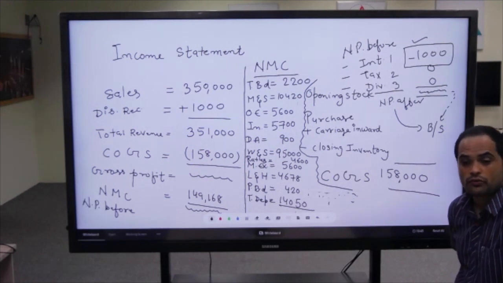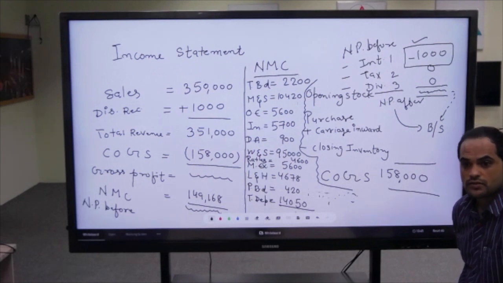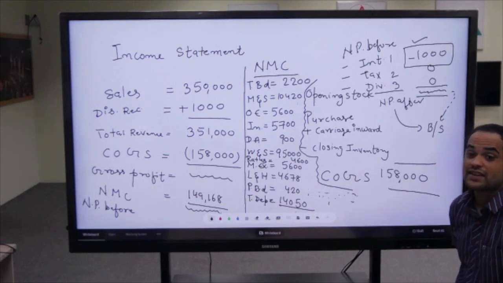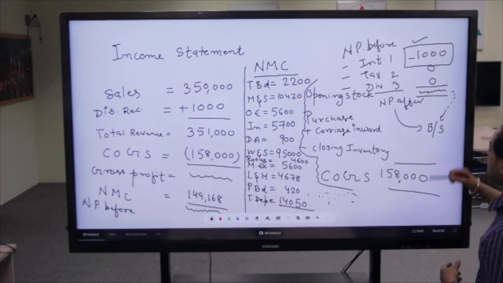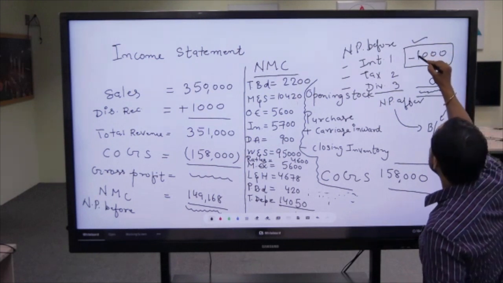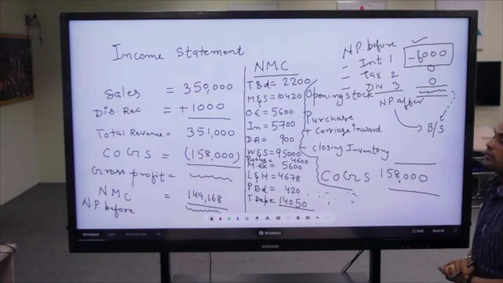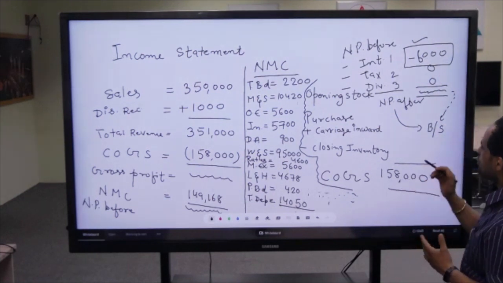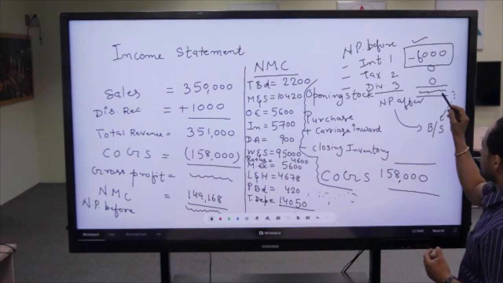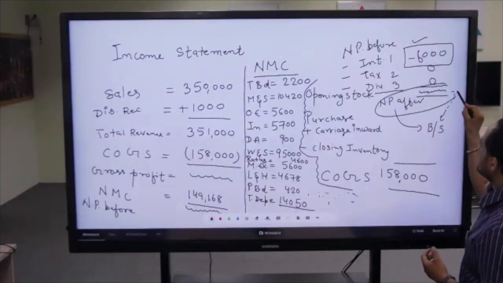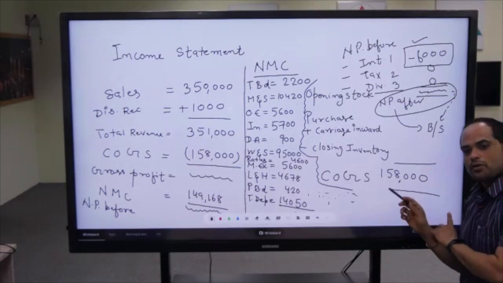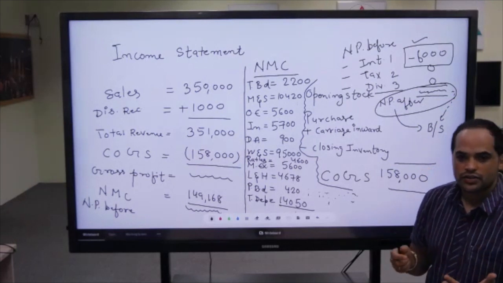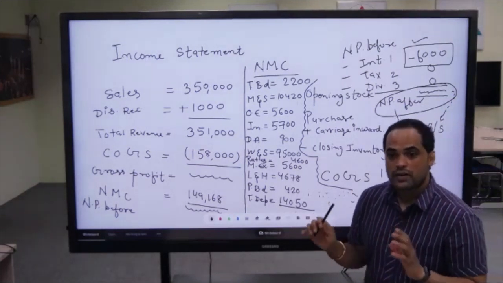Anyway, have a look first. So how much is your interest? Yes, of course, it's not 1,000. It's 6,000. So now you can get the right number here, net profit after, and this number will transfer to the balance sheet. All right, so income statement is finished.